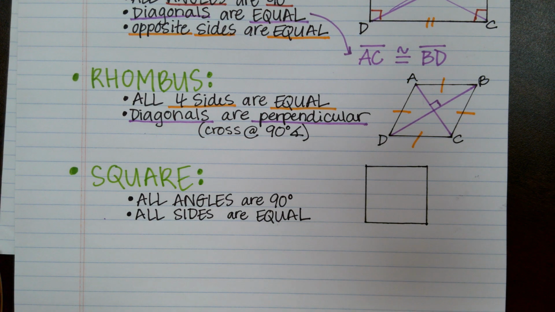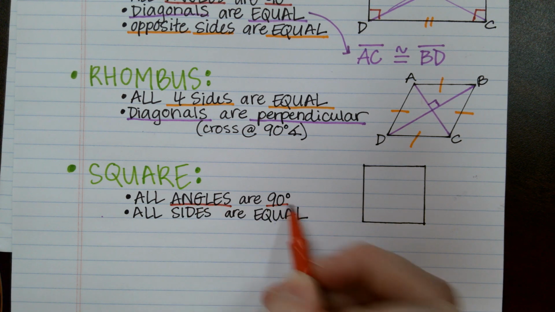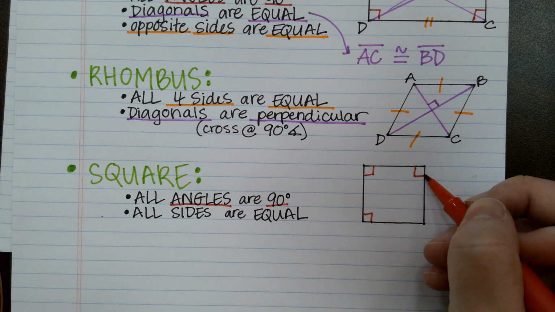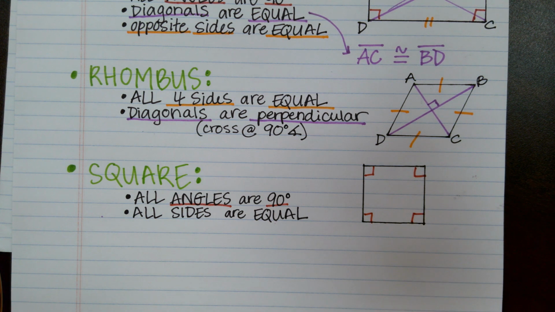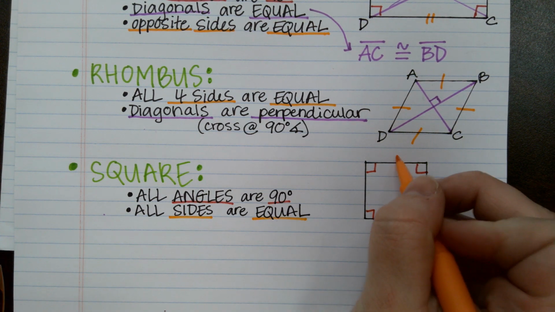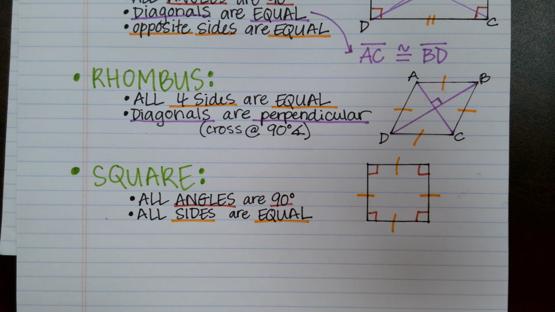So I'm really just gonna label my angles as being 90. And I'm gonna label my equal sides. Your square should end up looking pretty similar to mine. So you've got that. That is the end of our notes.